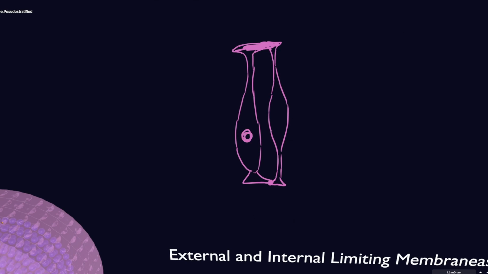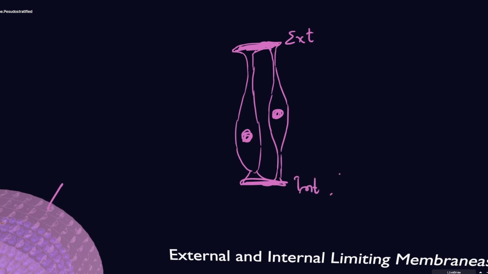So junctional complexes are connecting them together at the top as well as bottom, and they are forming sort of a membrane-like structure. This one at the outer side is external, and then there is internal.